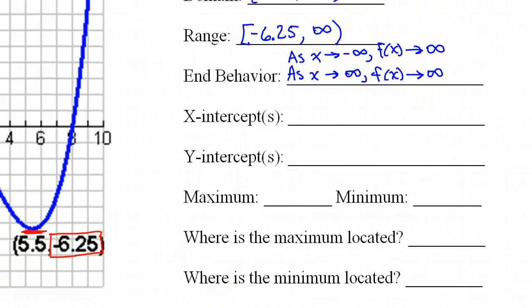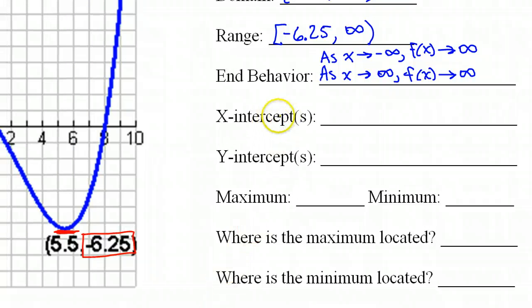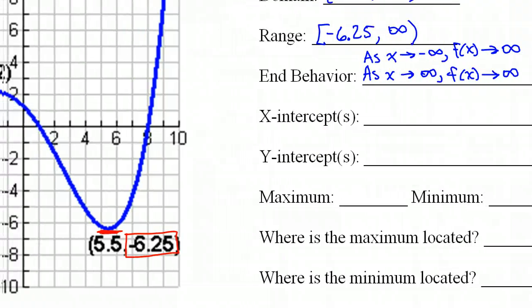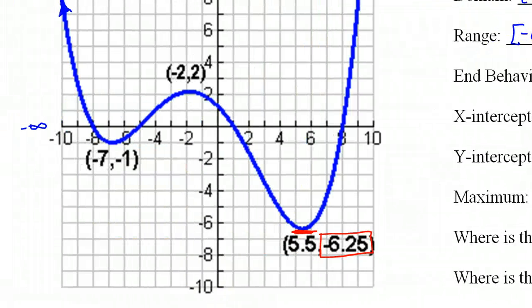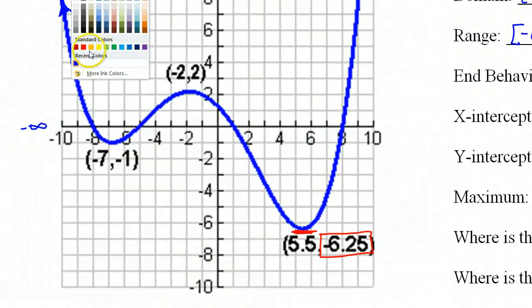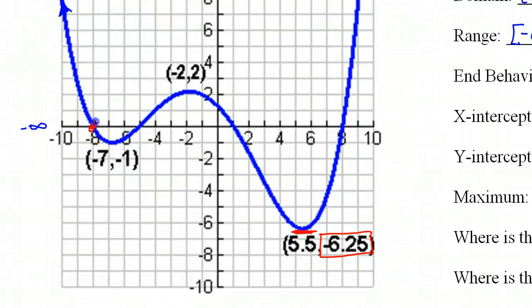Anyway, the x-intercepts. When we talk about x-intercepts and y-intercepts, we are talking about points, ordered pairs. The x-intercepts are the points where the graph touches the x-axis. Let's see. There are 1, 2, 3, 4 x-intercepts. X-intercepts are always something comma 0. So this one right here is -8 comma 0.